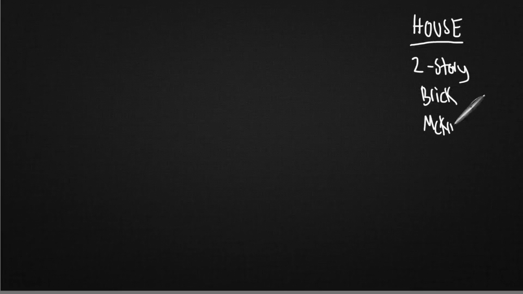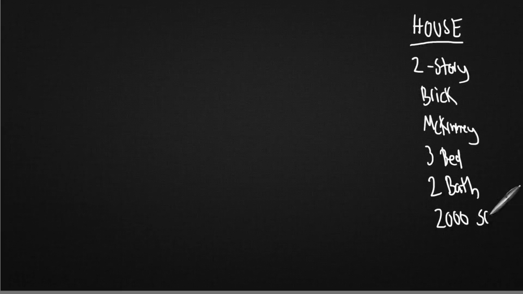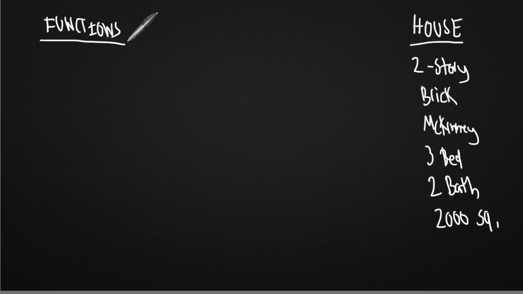And if I said to you, describe this house, you may say it's 2-story, it is brick, it's in McKinney, it has 3 bedrooms, it has 2 bathrooms, it has 2,000 square feet, and you could describe your house. Essentially, what we're going to do is look at various functions and describe them.